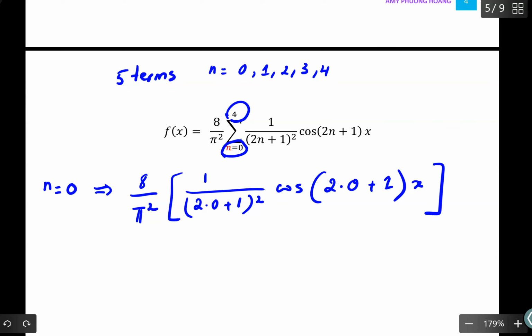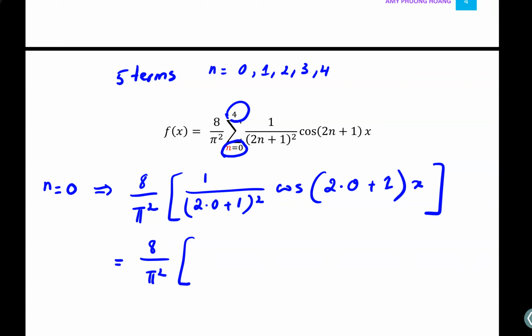Then 2 times 0 is 0, and 1 over 1 is just 1, so I have 1 here, and cos of 1x.